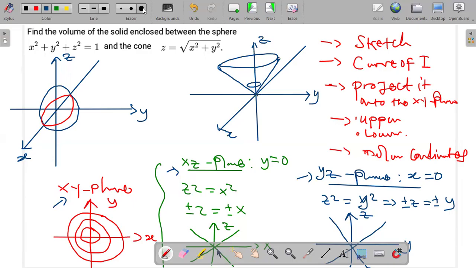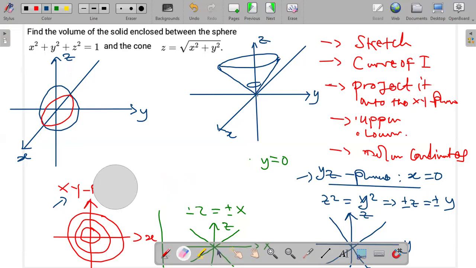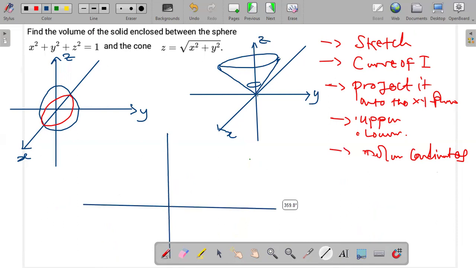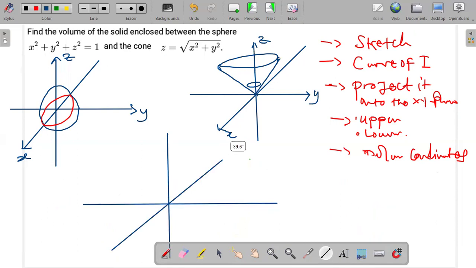Okay, so now let's draw the intersection. So this will be my z, my y, and then I have my x. I'm combining these two diagrams now on this. So what I do here is, first of all, I can draw the cone.